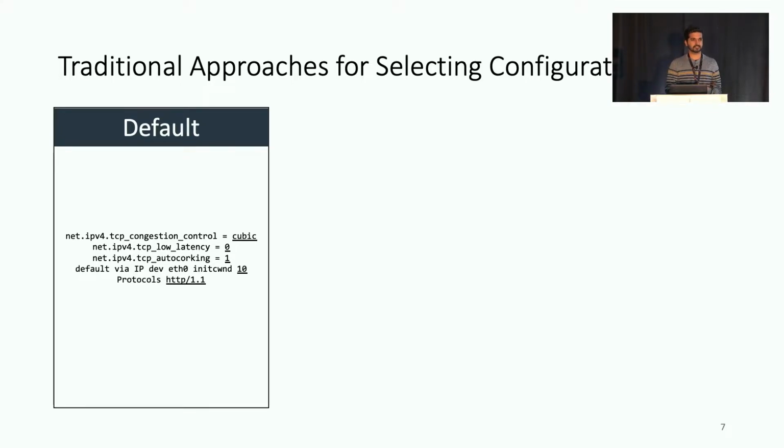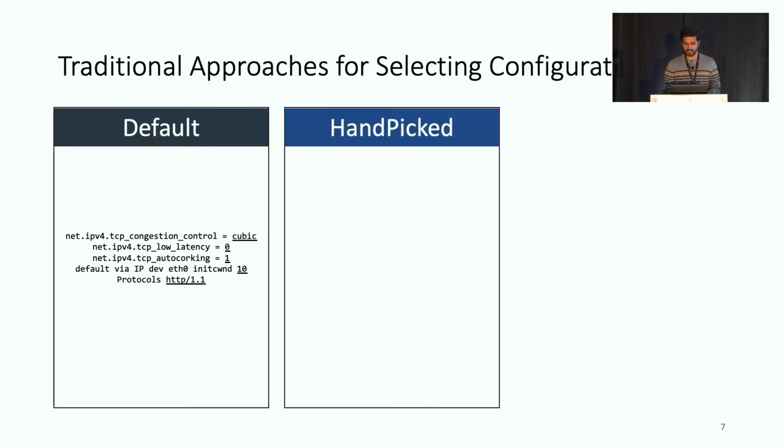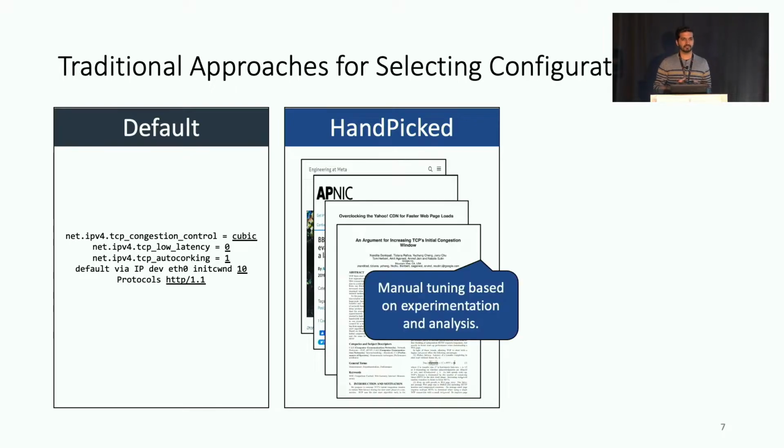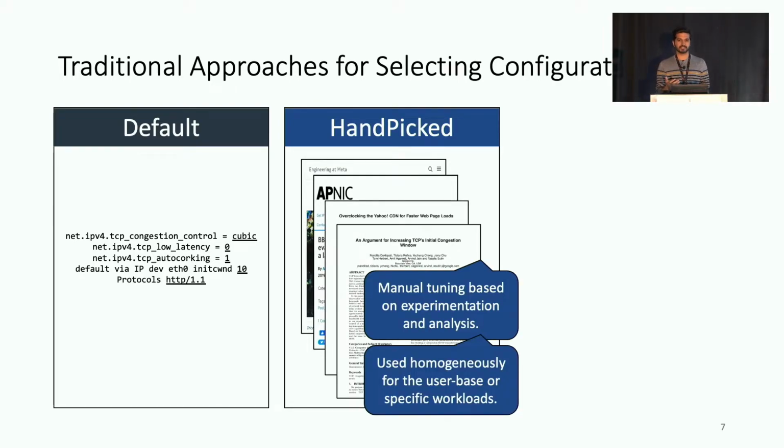In the simplest case, operators just keep the configuration that is set by default in the kernel and server applications. In the second approach, operators run large-scale testing like A/B testing to test out different configurations and manually analyze the results to find what works best. These configurations are then either homogeneously applied to all the users or selectively applied to workloads like video or web.